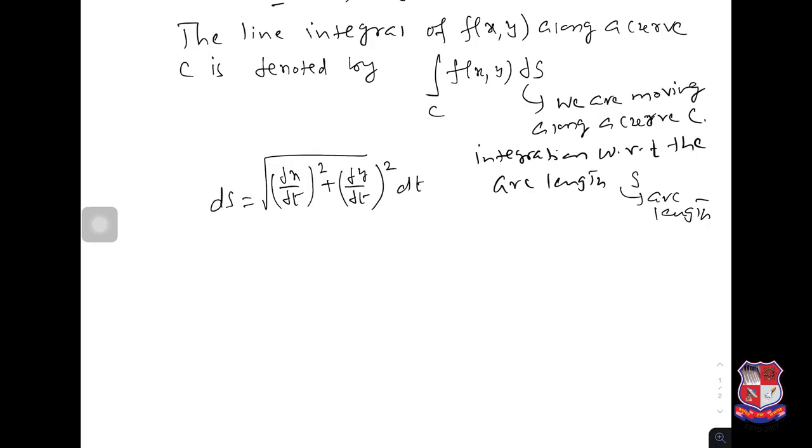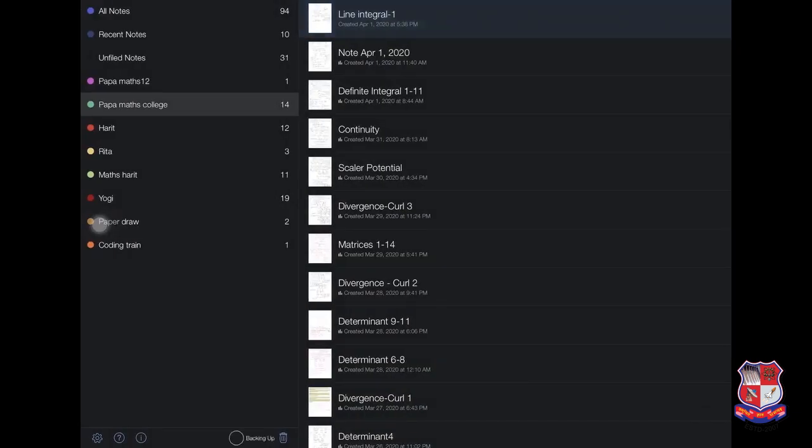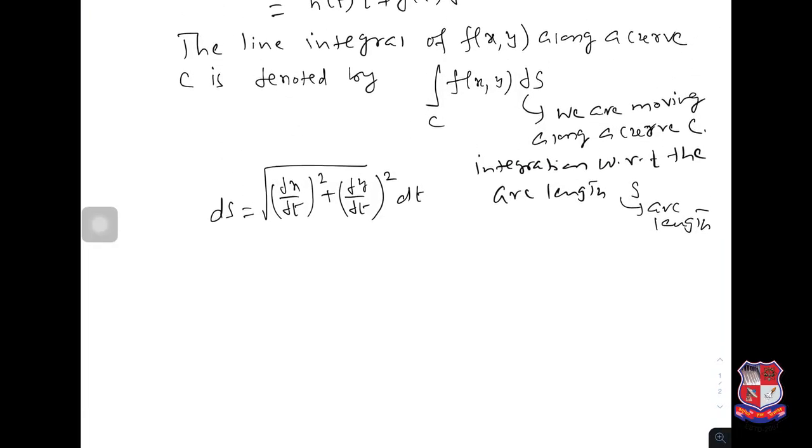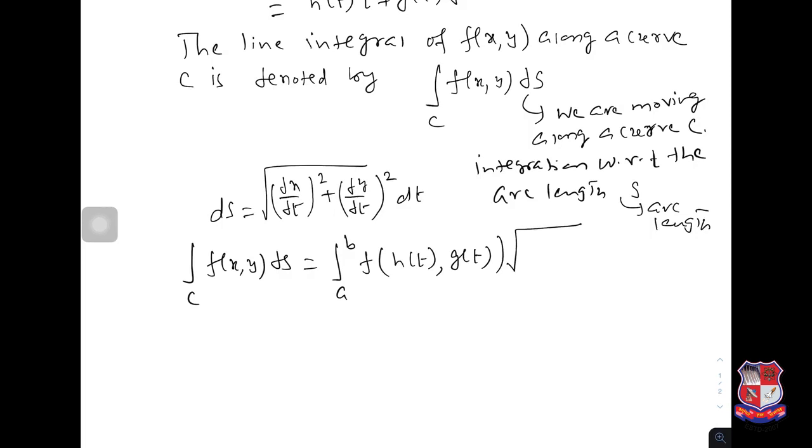So the line integral we can write in this way: integration along C of f(x, y) ds equals integration a to b of f(h(t), g(t)) into root of (dx/dt)^2 plus (dy/dt)^2 dt.